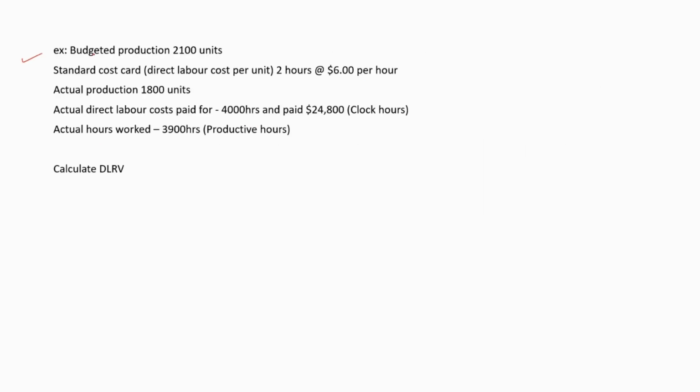Now let's do this example. As you now know, we do not consider the budgeted production units. We have to calculate the direct labor rate variance, which is equal to budgeted rate minus actual rate multiplied by actual clock hours. What is the budgeted rate? The budgeted rate is $6 per hour.